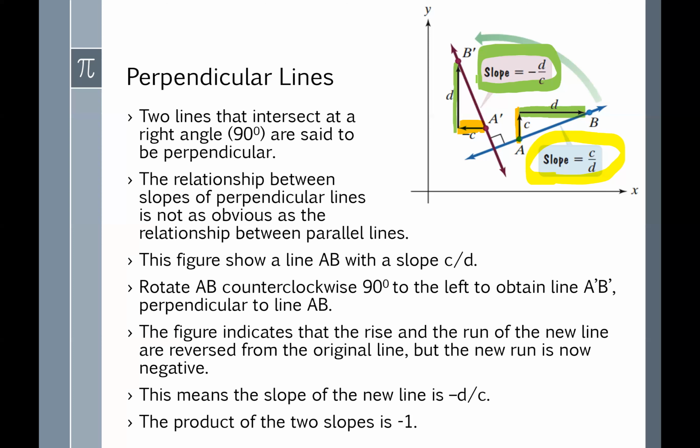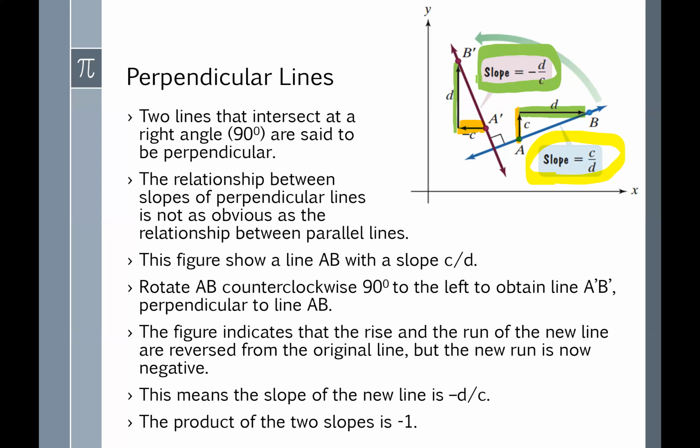So the product of these two slopes, of the line and the line perpendicular to it, if you multiply those together, you get -1. If you multiply a number by its reciprocal, you get 1. If you multiply a number by its negative reciprocal, you get -1. So to find the slope of a line perpendicular to a given line, you take the reciprocal and you change its sign.